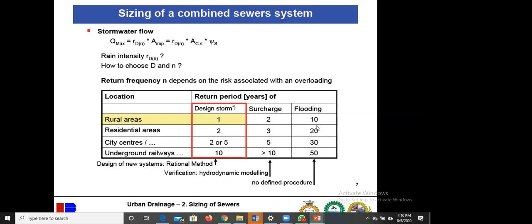What this number means is safety factor, and it is a function of cost and size. What this 10-year return period means is: what's the maximum rain that will occur in 10 years? Or what is that maximum rain that is so intense that it occurs only once in 10 years?